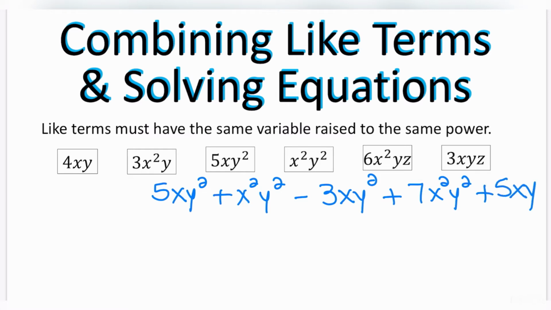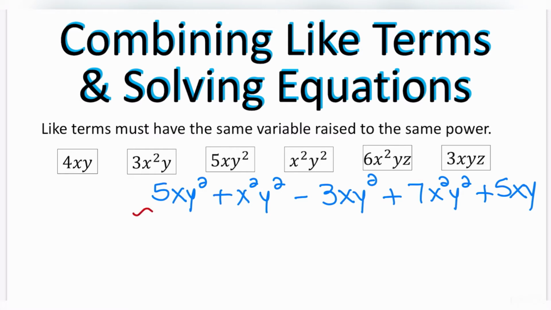So let's say this is the problem you're working with. When you look at the problem, the first thing you want to do is collect or combine like terms. So you want to look for those that are exactly alike. Take a look at your screen. Can you figure out which ones are like terms?